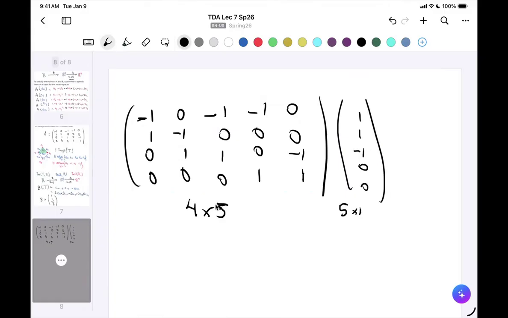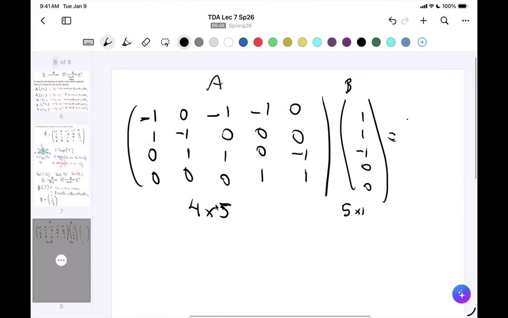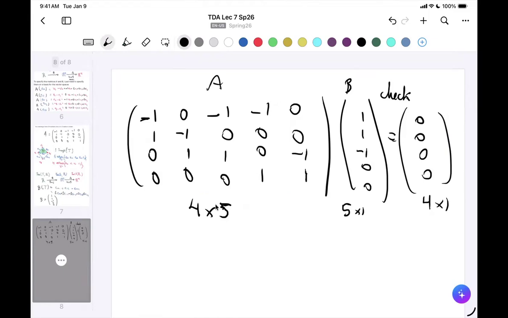So these two matrices can be multiplied for sure. You would end up getting a 4 by 1 matrix, which is just a vector. It's a fun check if you want to do it, although this will always happen because of the way we're defining it, that you get 0, 0, 0, 0.